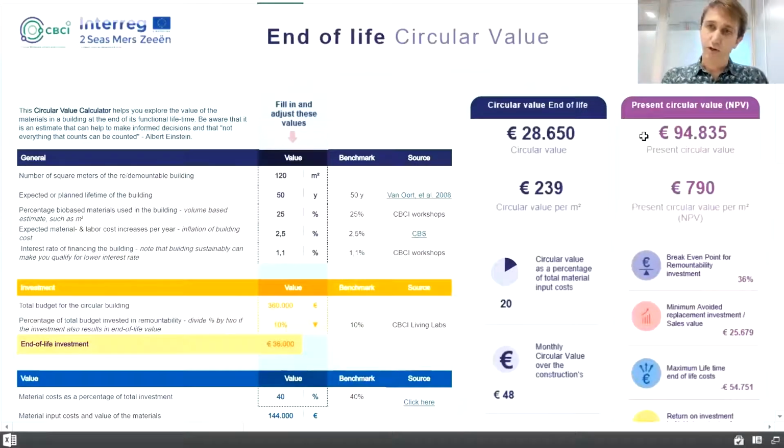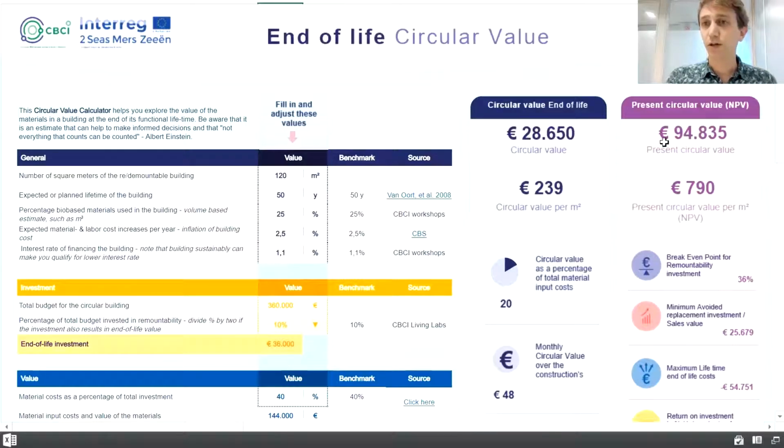Then we have the net present value side. Because the interest rate is at this stage of writing lower than the inflation rate of building materials, you basically gain value over time. And depending on the method you select here, it will be either higher or lower.